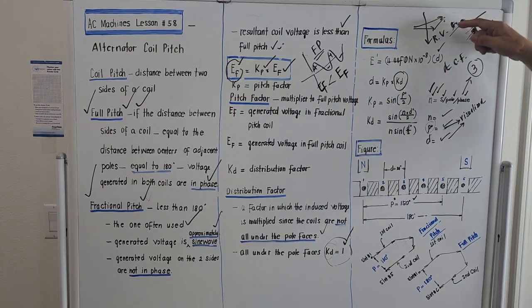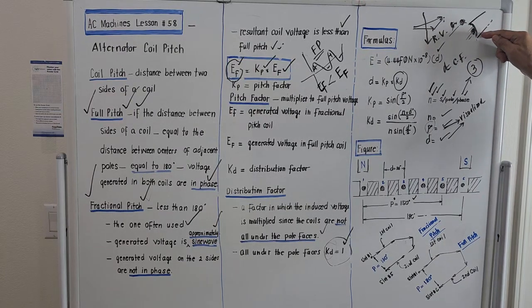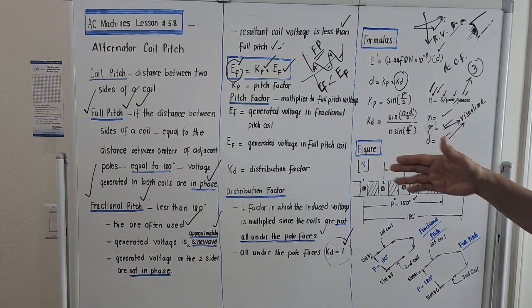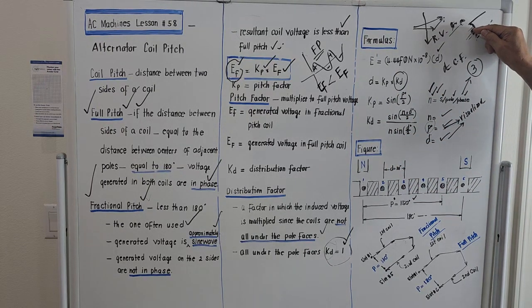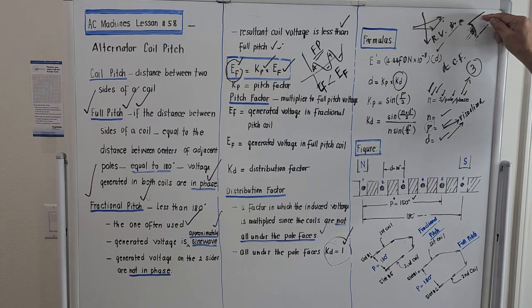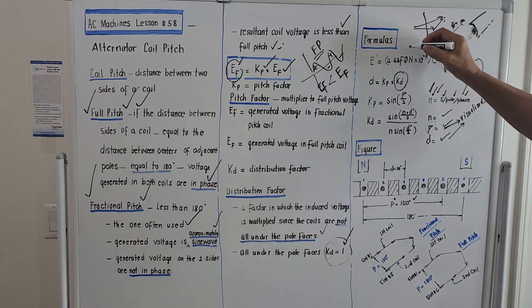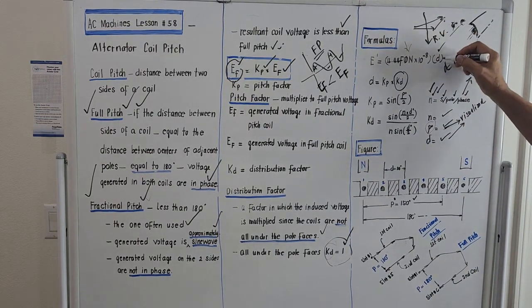For this one, since it's away from the maximum value of the flux, the voltage generated will be different. If we try to take the average generated on each winding, they are not equal. That's why the induced voltage here should be multiplied by the distribution factor.